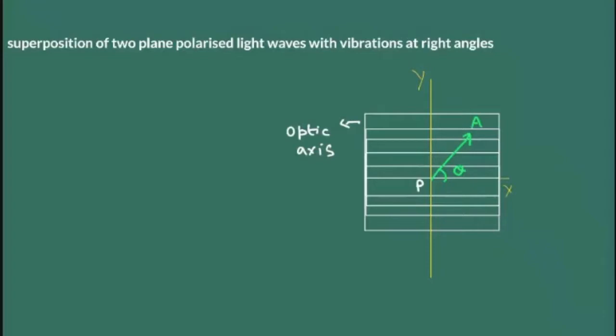As we discussed previously, E always has a state of polarization which is parallel to the optic axis. So this would be my E, because it is parallel to the optic axis, and O is perpendicular to the optic axis. So this will be O. Fine.